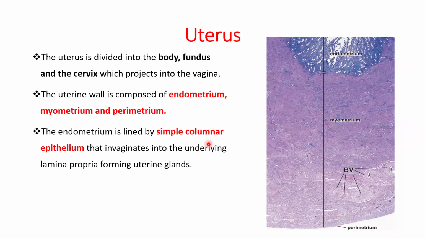The endometrium, as we all know, will be lined by simple columnar epithelium, while the perimetrium will be lined by simple squamous epithelium.